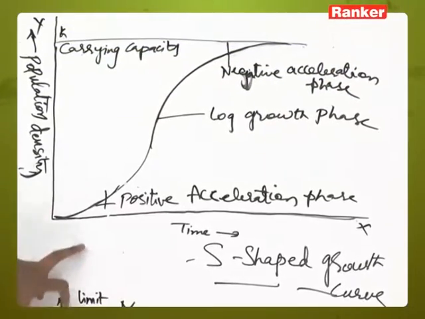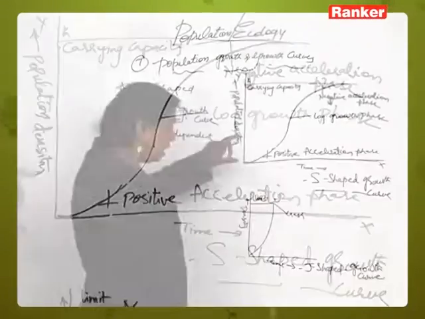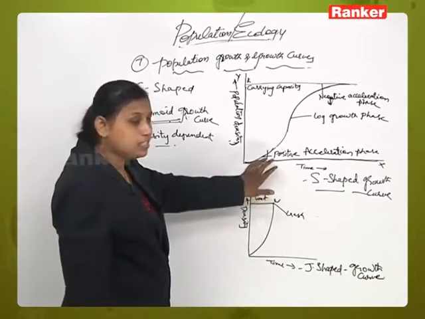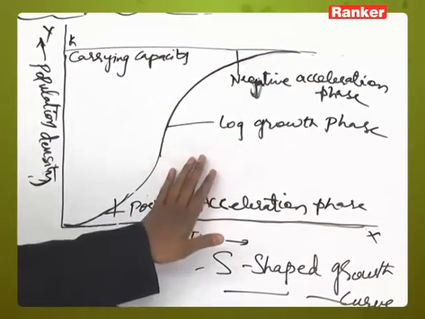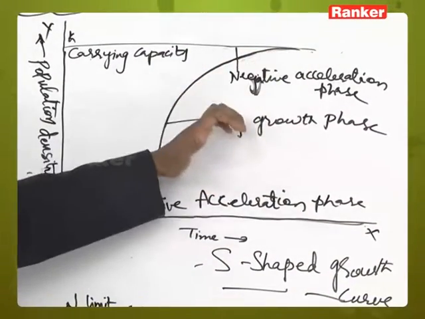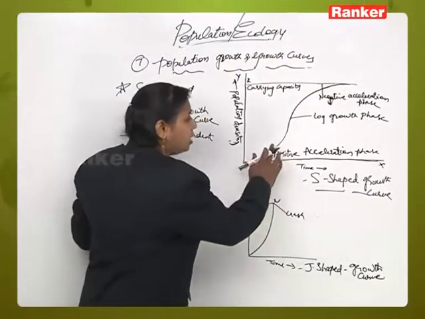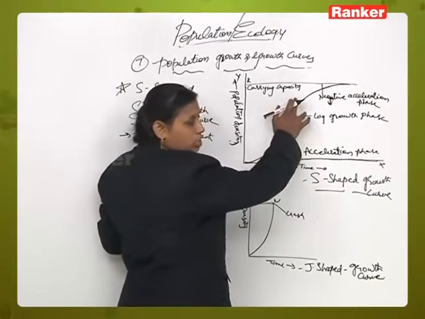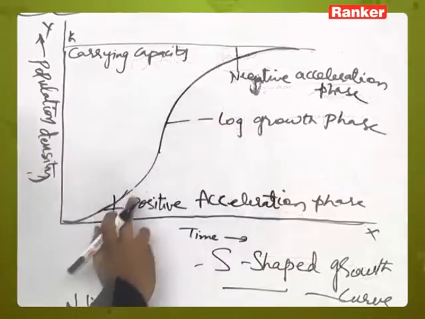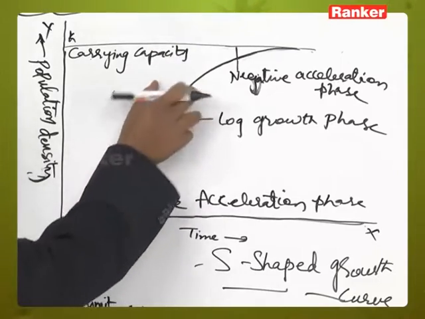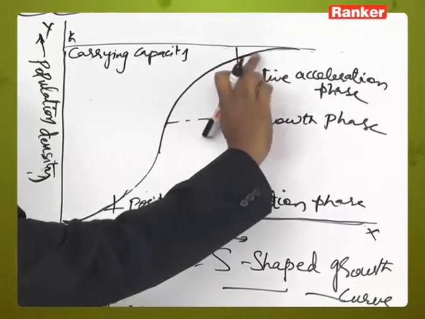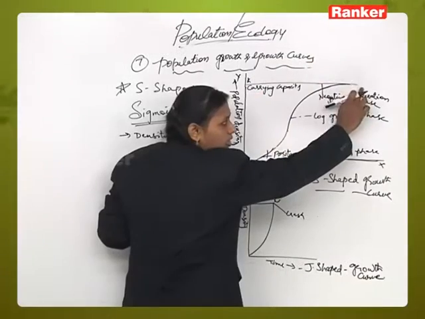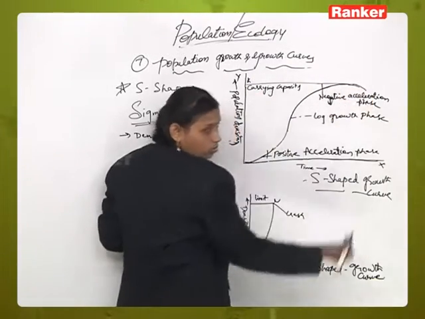At the pre-reproductive phase, the growth is very slow initially, and later, at the log phase, when it comes to the reproductive and post-reproductive stage, the growth of the population is more. That is why it rises here. And in the third phase, we see the curve declining and bending down.